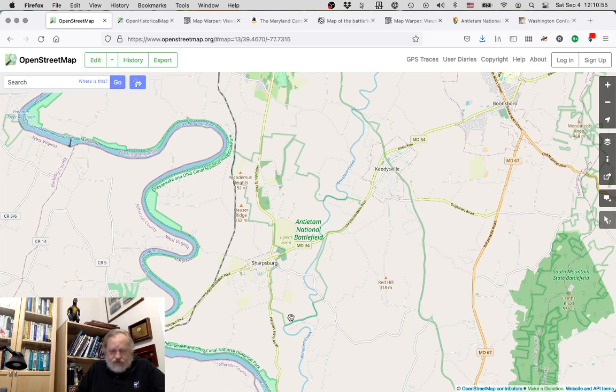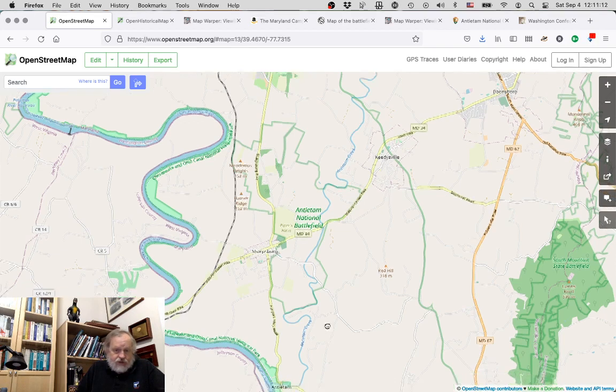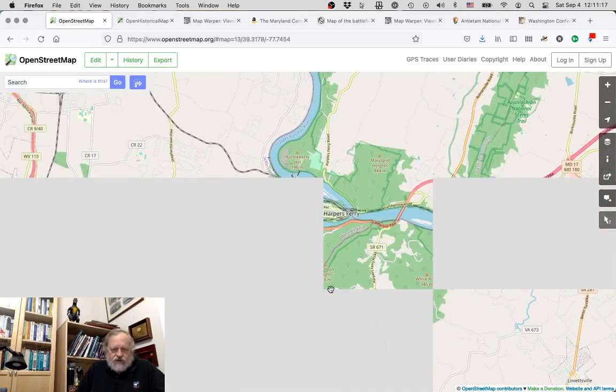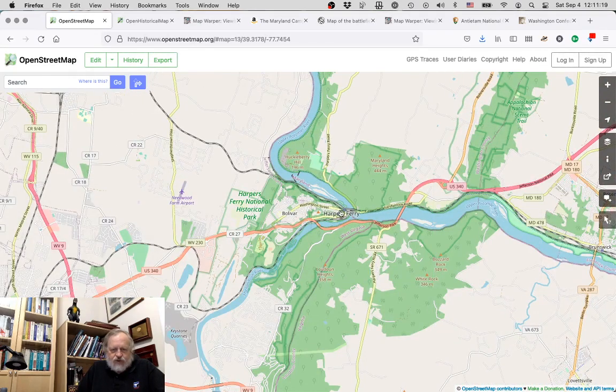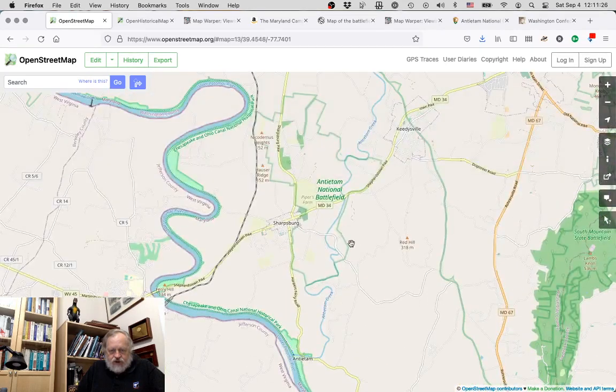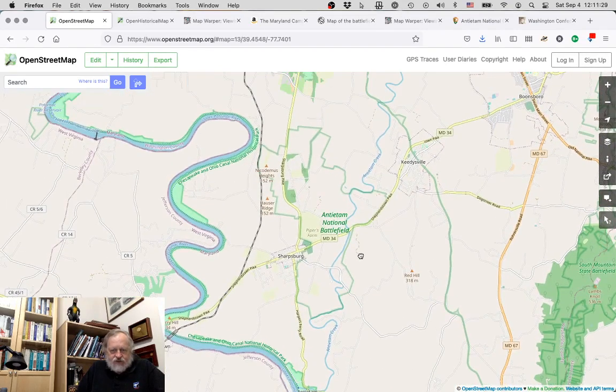He had the advantage of what are called interior lines, which is to say that it was a relatively compact U-shaped position, and if under pressure, he could move troops from one part of his lines to another fairly easily. At the beginning of the battle, he did not have his full force on hand because he had sent Stonewall Jackson's corps to Harper's Ferry to the south in order to take the Federal arsenal. And so he did not have all of his forces on hand at the start of the battle.